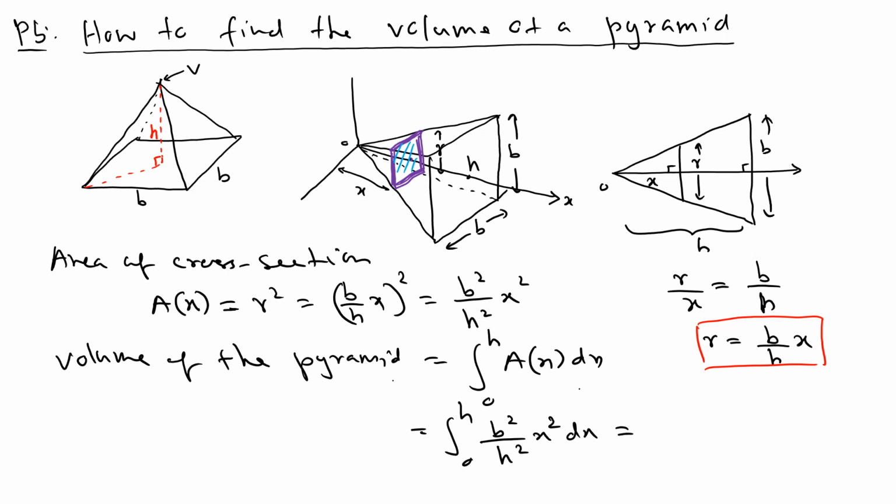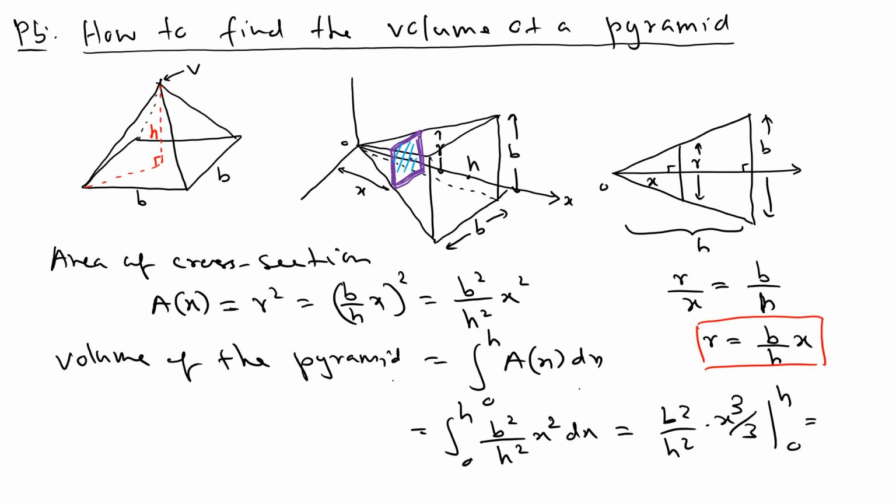This is a very simple integral. So this is b squared over h squared, times x cubed over 3. That's where the 3 is coming from. From h to 0: when you plug in 0 it is gone, and when you plug in h, it simplifies very well.